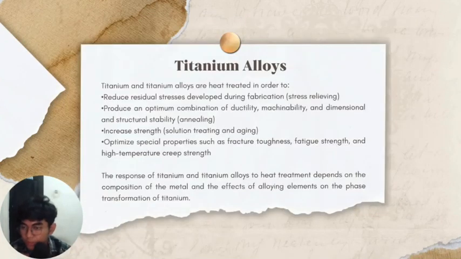Titanium alloy. Titanium and titanium alloys are heat treated in order to reduce the residual stress developed during fabrication, produce an optimum combination of ductility, machinability, and dimensional and structural stability, increase strength, and optimize special properties such as fracture toughness, fatigue strength, and high temperature creep strength.